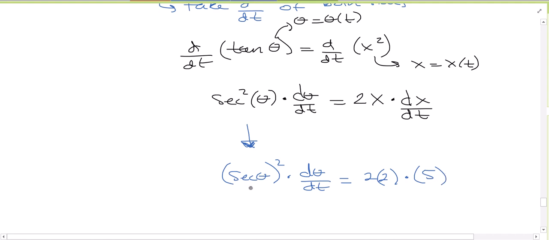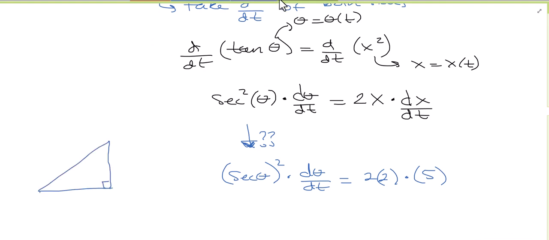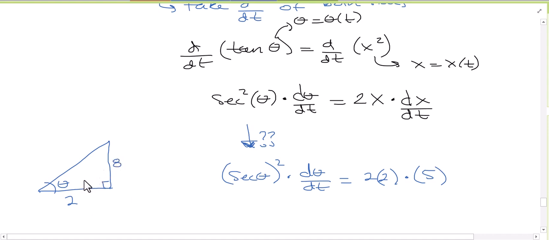So what do I put in for secant squared theta? Well, let's go back to our triangle. Let me redraw the triangle. So we had our theta here, this was x, which now we know x is 2, and y is x cubed, right? So that will be 8. And we're looking for secant of theta.